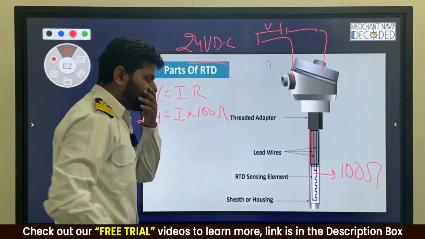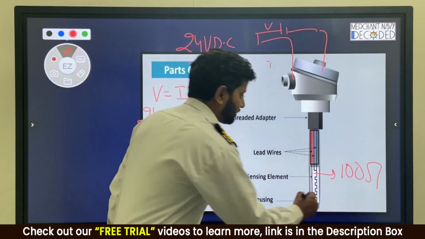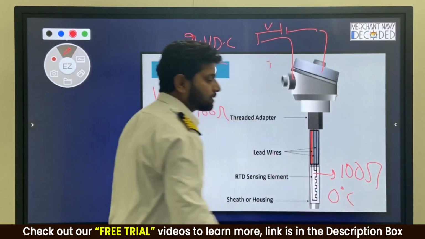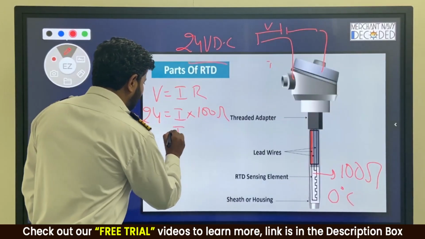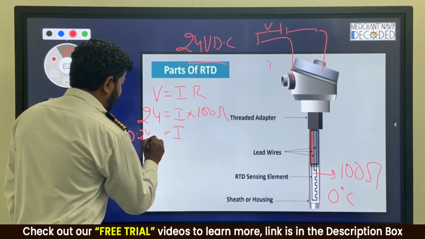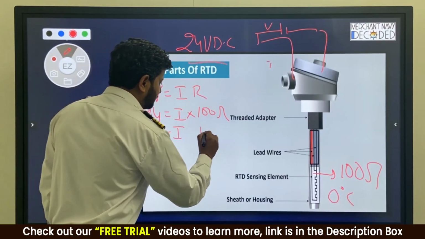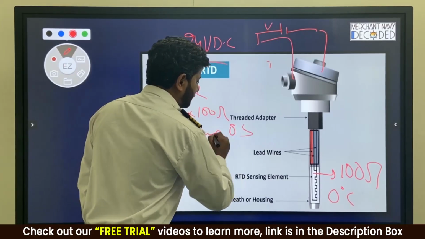Now this 100 ohm is what? This is PT100 when the temperature is 0 degree centigrade. Right? So now I will be 0.24 amps when the temperature is 0 degree centigrade.